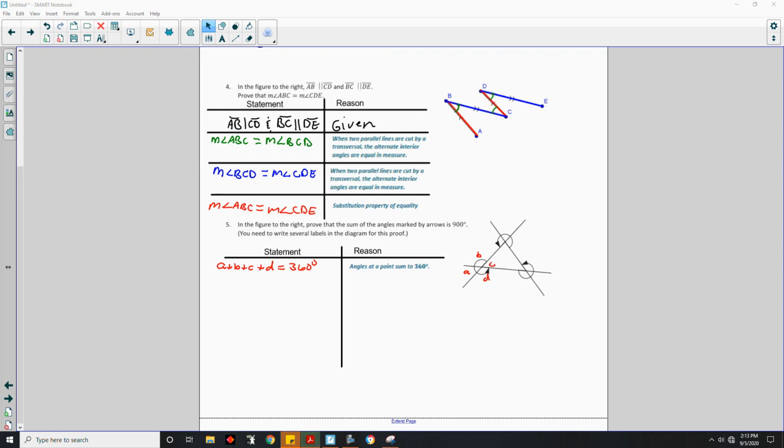Okay, so now that you know that, let's do the same for the next 2. So let me change the color to green here. And now I'm going to go in alphabetical order, E, F, G, and H. Okay, so now we're going to say E plus F plus G plus H equals 360 degrees.